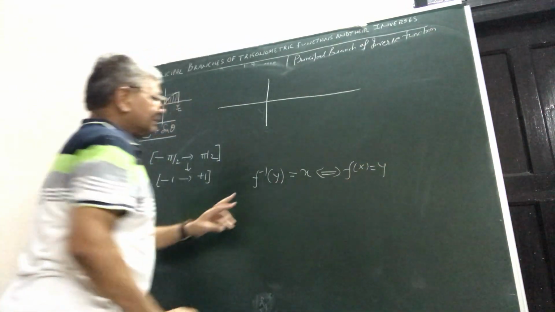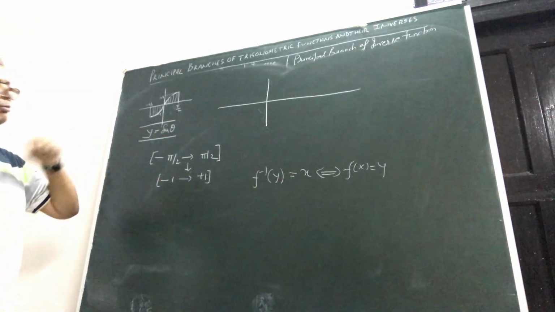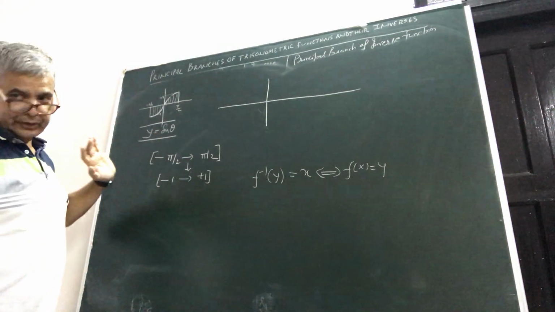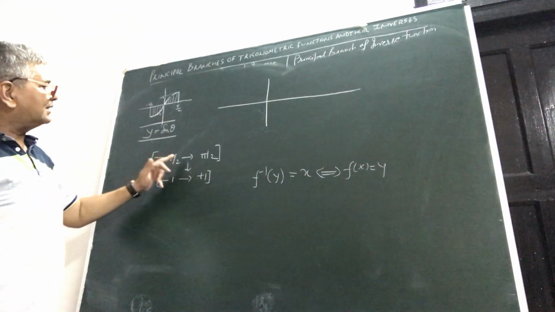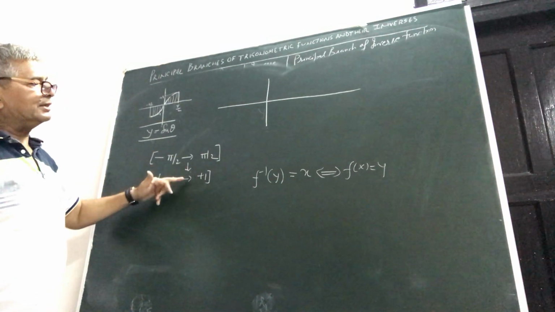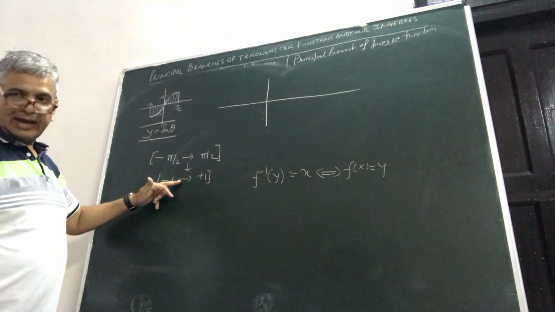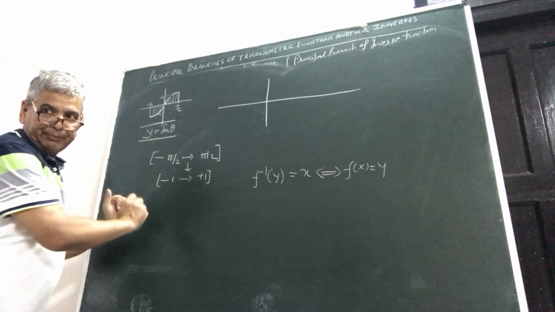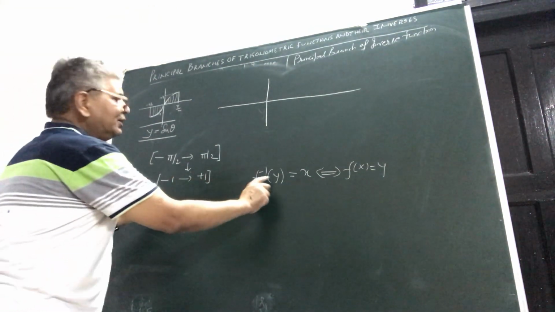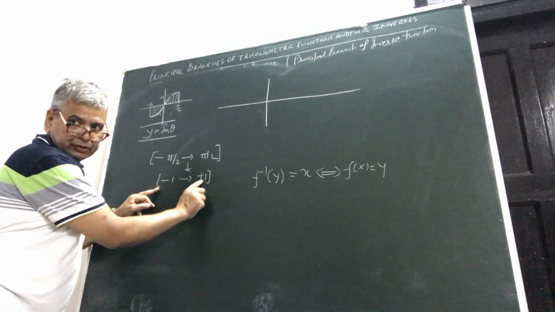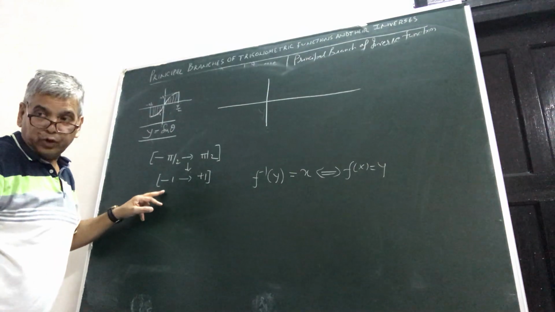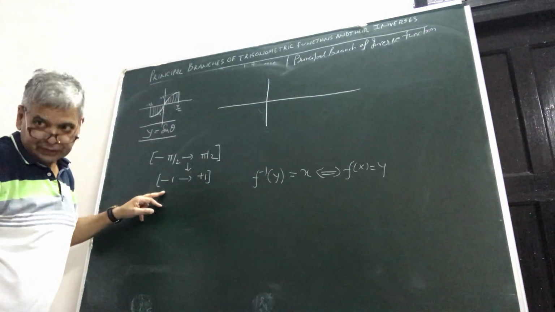So this particular aspect we are employing here, because in the case of sin theta it is one-one onto, and this is how f x is being defined. This minus 1 to 1 is y here, and therefore for f inverse y, this range, closed interval minus 1 to plus 1, will become the domain of your sine inverse function.